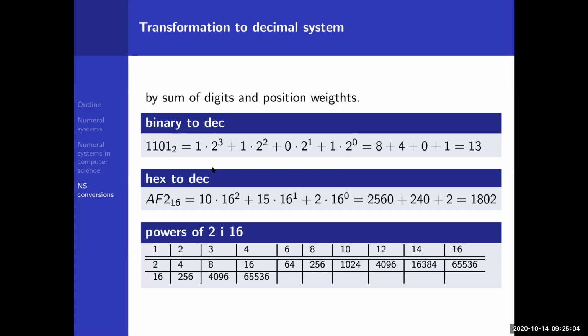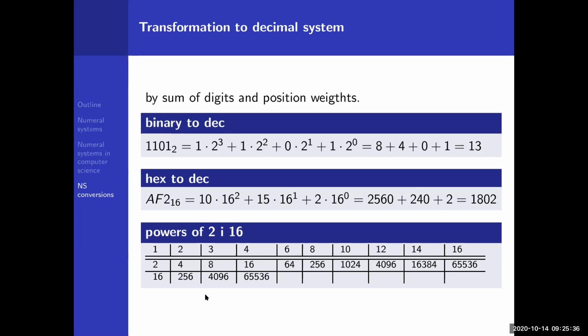Okay. So in hexadecimal system, because the base of the system is 16, we have to recalculate it like 2 times 16 to power 0 plus F, which means 15 times 16 to power 1 and so on. So this is the way we can convert binary or hexadecimal into decimal system.